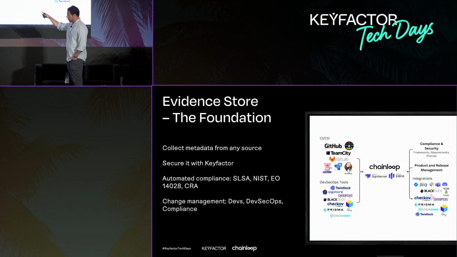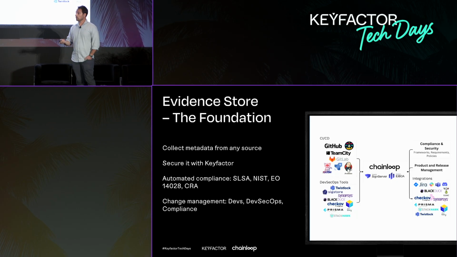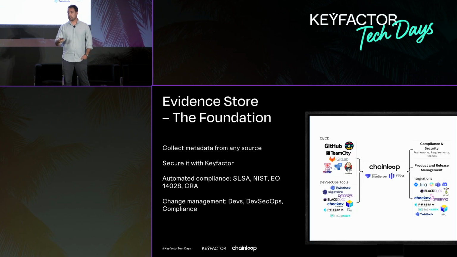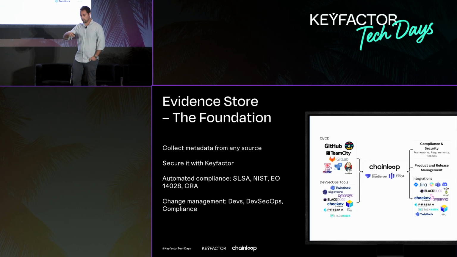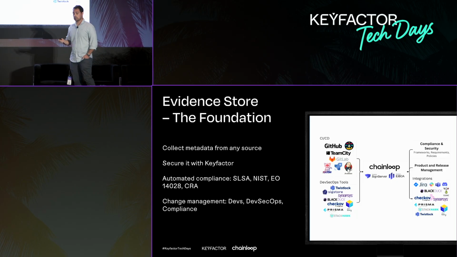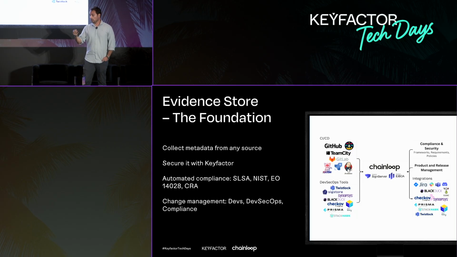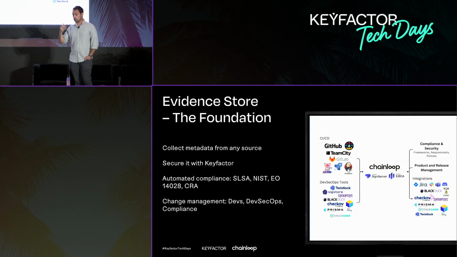Because later on, what you're going to be doing is running policy checks to make sure that you can meet external and internal frameworks, like the NIST framework or internal frameworks that you might have. And another important aspect of this system is that we need to take into account that there are different personas in this software delivery lifecycle process.